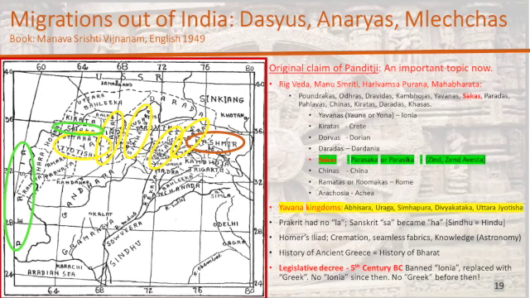Anyhow, my point is that there is a tremendous amount of evidence that correlates and corroborates the fact that these migrations were out of India, and that the names were well known, and the portions of the globe that they colonized were well known. Remember, in the first webinar, I mentioned that when Christianity spread from Israel to Northern Europe, what they found on that journey were polytheists, people who believed in multiple gods.